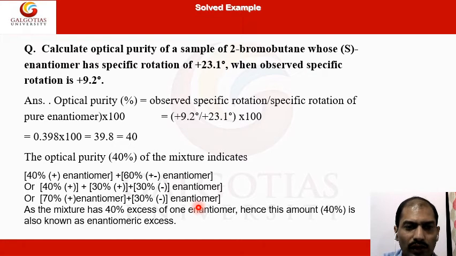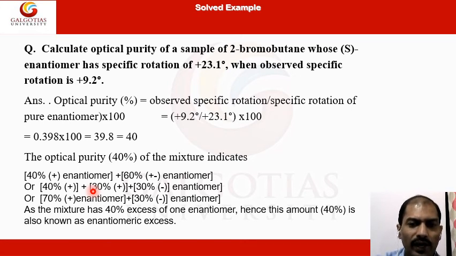Now, what is the excess? Here 30 and 30 is common for both, which is why they have rotations just opposite to each other, but only the 40% is the excess. This 40% total is the excess in that mixture, so this is called enantiomeric excess.